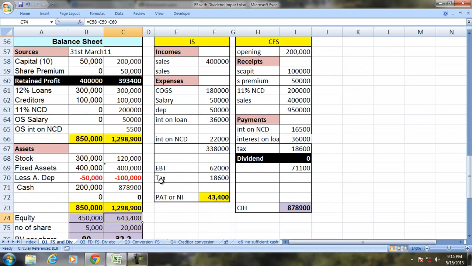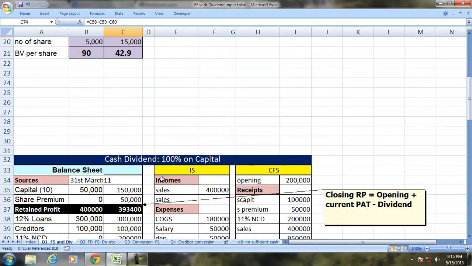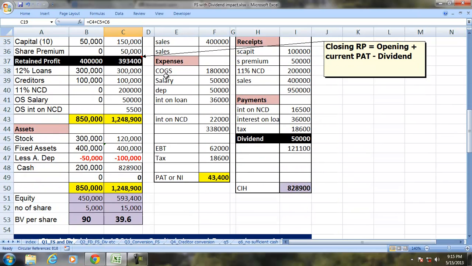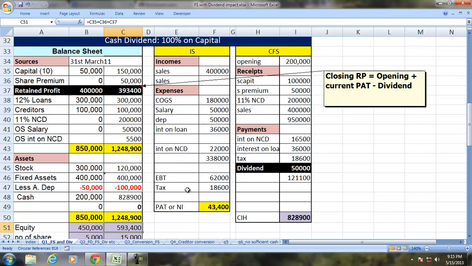There is no change in equity as the previous one, 643,400. Equity reduced, in case cash dividend was declared, from 643,400 to 593,400.